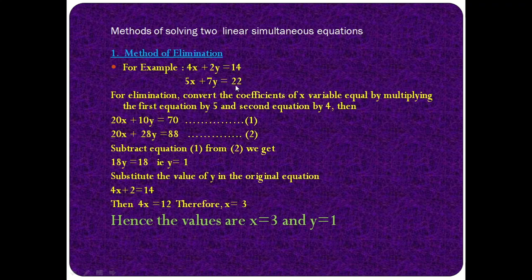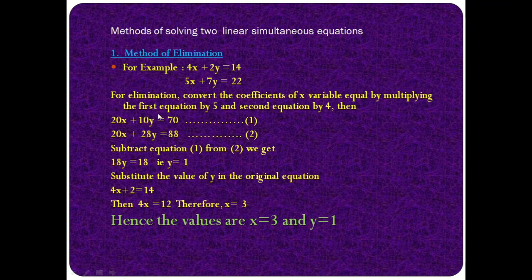We can say these are simultaneous equations because there are two equations and two variables, x and y, so it satisfies the basic condition. Whether it has a solution: take 4 by 5, a1 by a2, which is not equal to 2 by 7, so we can have a simple solution to the problem.